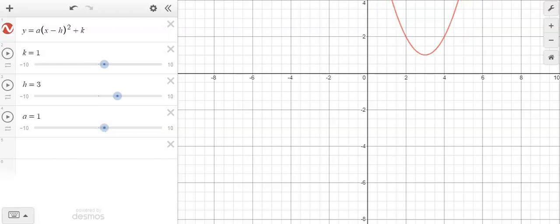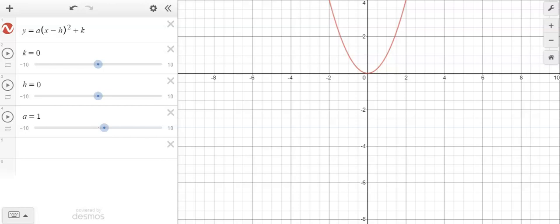That would be a value of 1, h is 0, and k is 0. This is the parent function of the absolute value. This is the parent function of the quadratic. So this would be just y equals x squared, because a is 1, h and k are both 0. And so we get this graph here.